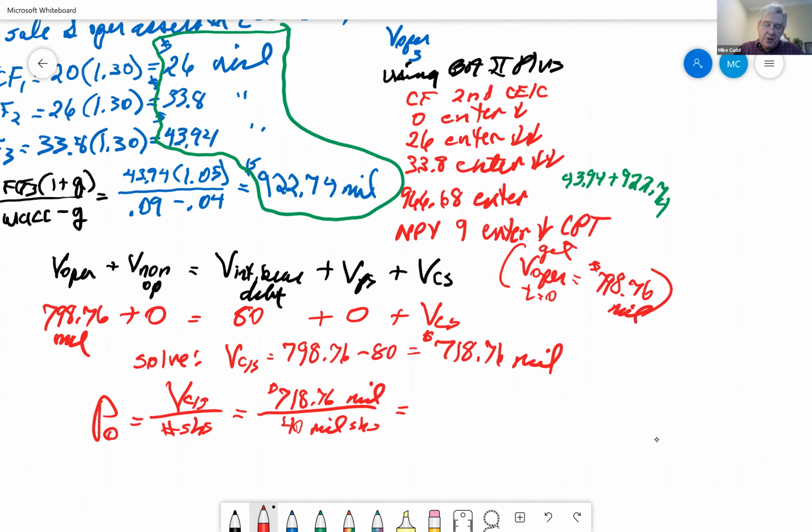So that divided by 40, I'm coming up with $17.97 a share. And that's not the check figure, is it?